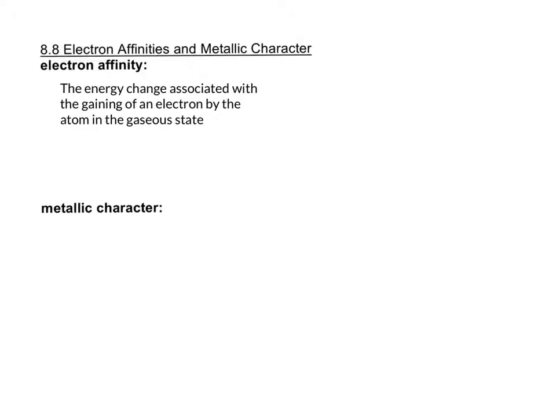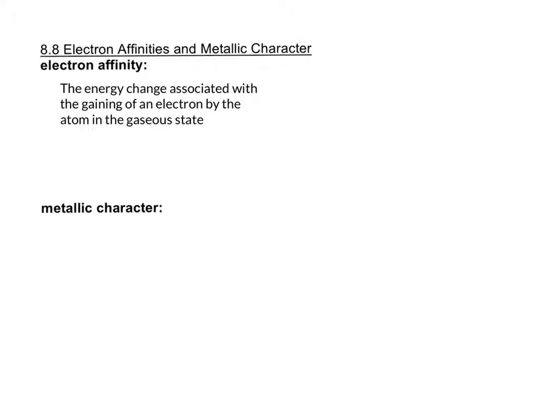So for example, in the noble gases, there's a lot of energy associated with having to put electrons in a whole new energy level, so it's not negative in that case. But for example, the halogens, which easily take on a -1 charge, release a good bit of energy when they gain an electron.